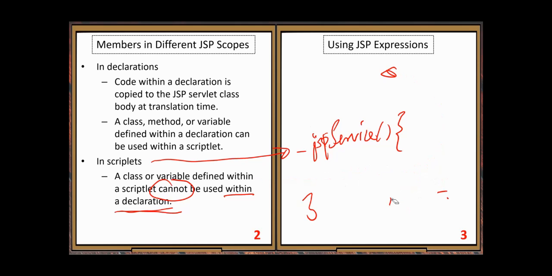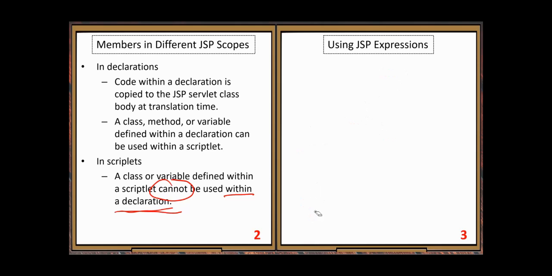So those are the rules. Another thing we need to talk about: JSP expressions. How do we use JSP expressions? Based on our understanding of the scope, we can easily understand the way to use them. First, the criteria.